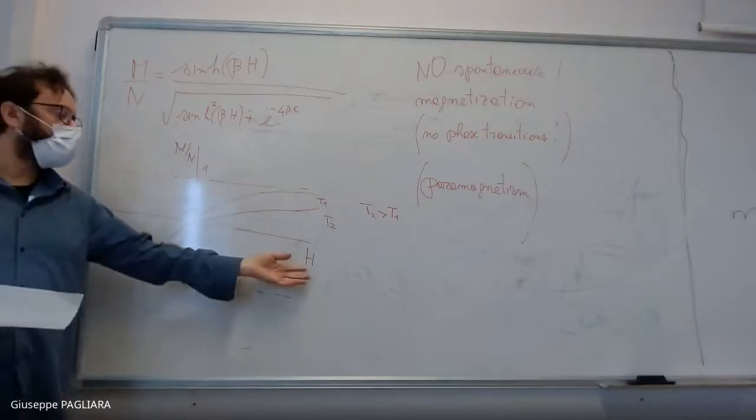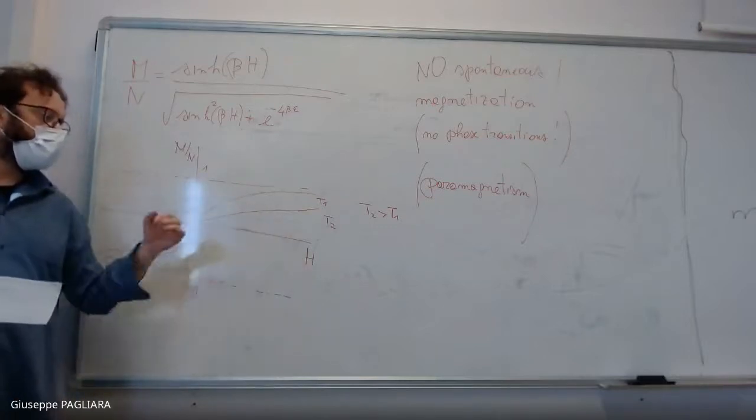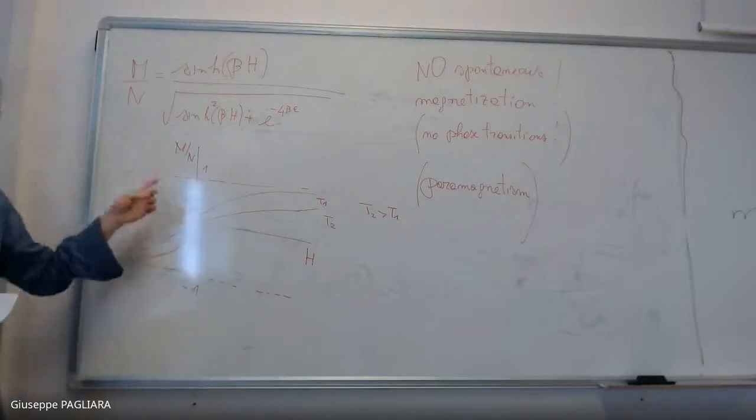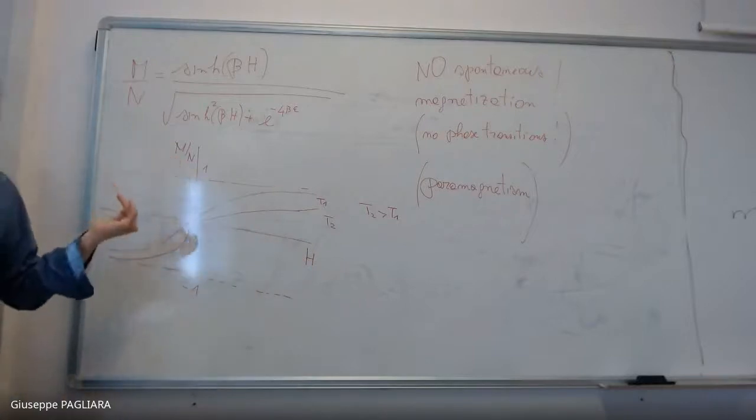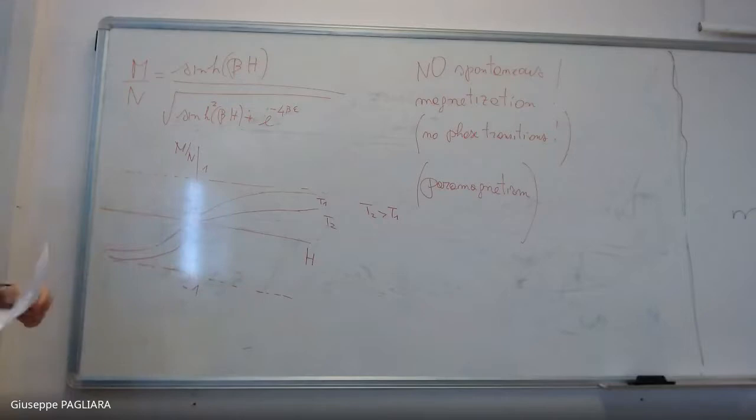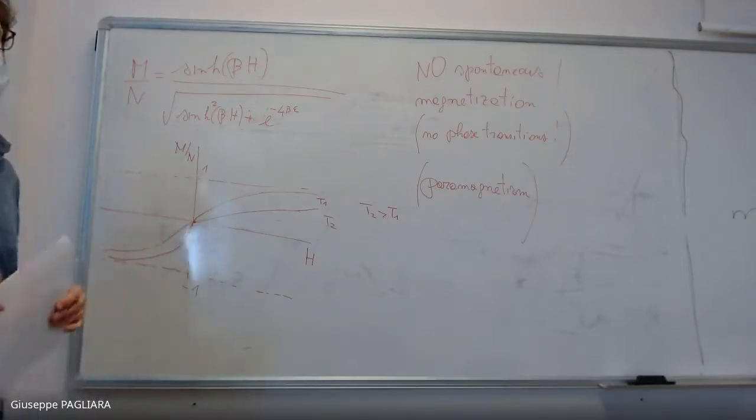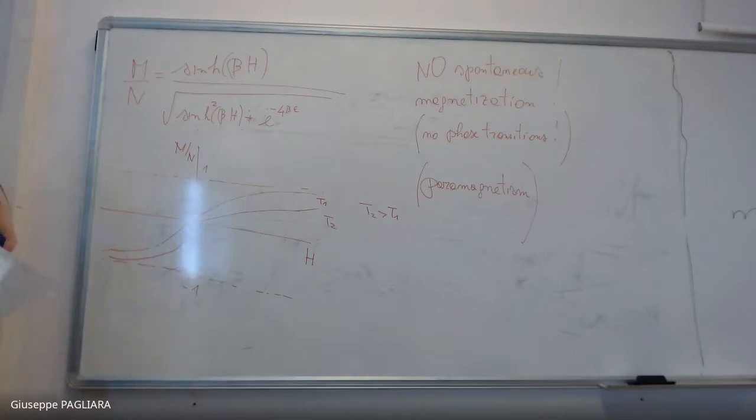And if I increase H to the negative direction, the magnetization will just follow the external field. And so this is a paramagnetic behavior, which is different from a ferromagnetic behavior and a diamagnetic behavior.